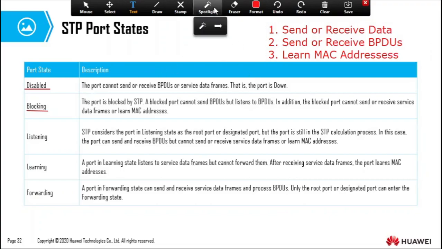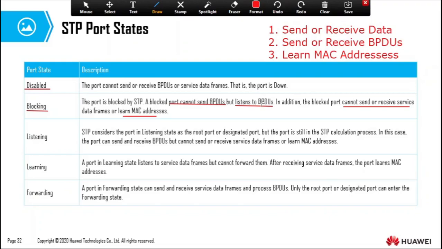Something like that. Okay. So a blocked port cannot send or receive data, it cannot learn MAC addresses, it cannot send BPDUs, but it can listen to BPDUs. We've just said that the alternate port, which is normally blocked, will act as the backup of the root port, right?